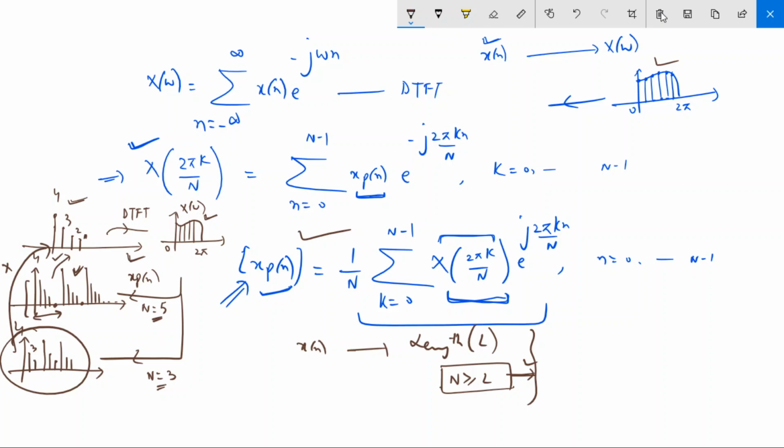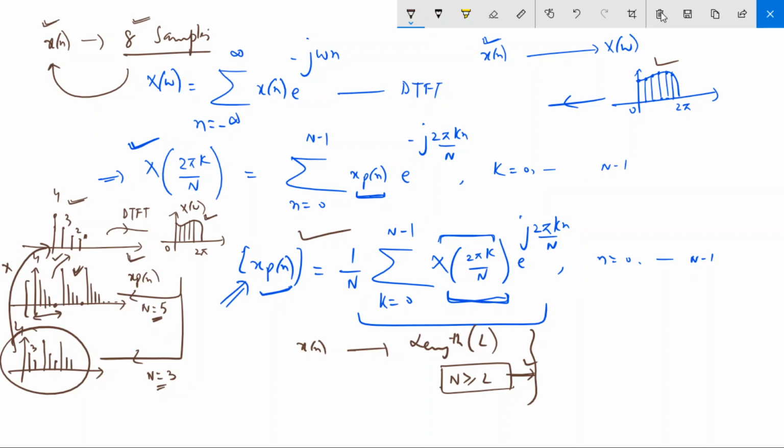So if you have a discrete sequence x[n] with 8 samples, in the frequency domain you must take a minimum of 8 samples, so that you can recover x[n] back. You cannot take 6 samples or 5 samples. You can take more than 8 samples, no issue. You can take 10 samples, 16 samples, 100 samples, that is okay. But the minimum number of samples must be 8.